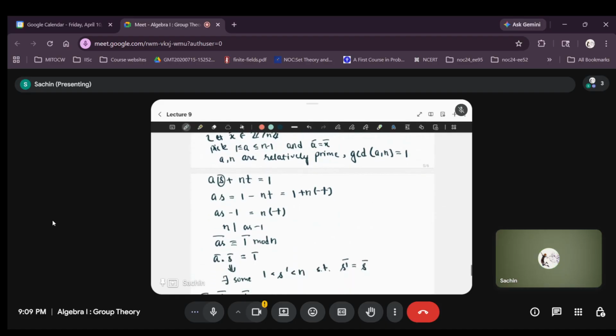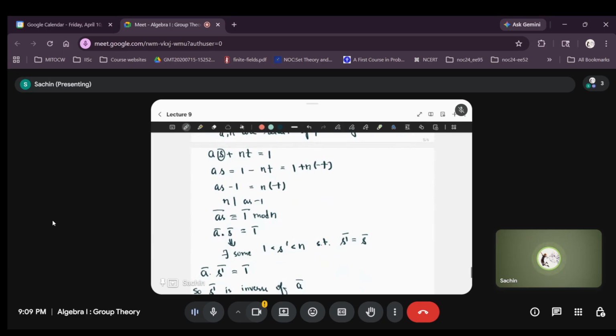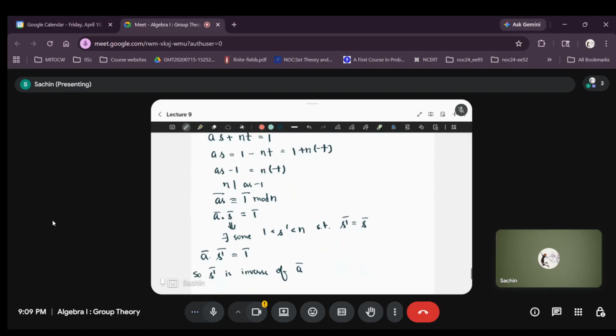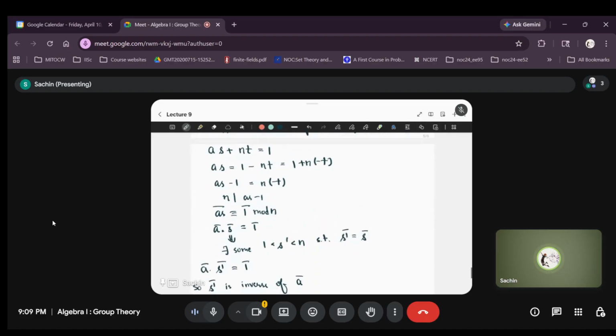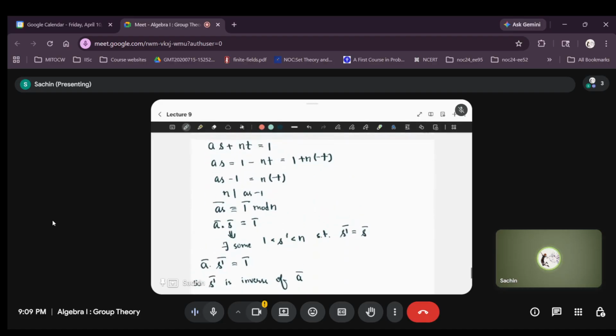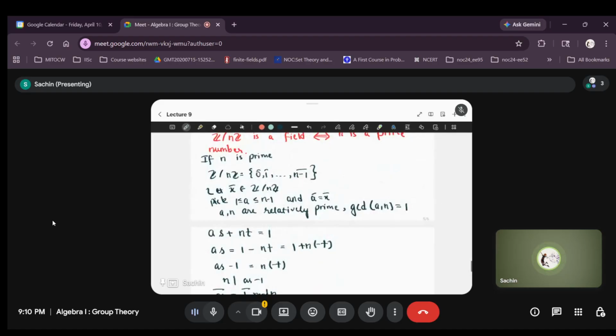But we know that even if that is not the case, okay, actually that is not required. That is not required because s bar will always belong to Z mod nZ for any integer s.